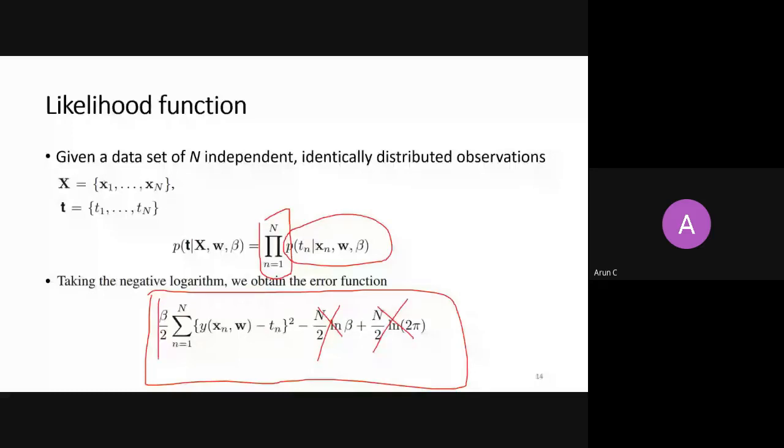And when I maximize it, I get nothing but a sum of square error which I am minimizing, right? Whatever my prediction is, how far it is from the true value. So I'm just taking a sum of square error. And here I am showing you that minimizing sum of square error is nothing but maximizing the likelihood function, assuming that you have a Gaussian distribution at the output, right?